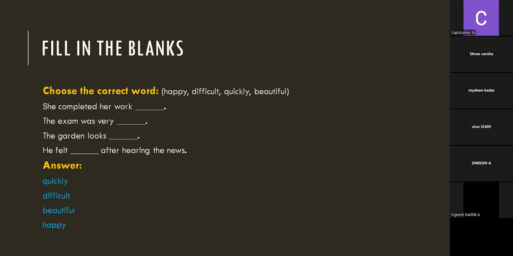The exam was very dash. Difficult. The garden looks dash. Beautiful. Fourth, he felt dash after hearing the news. Happy, exactly. It's amazing, guys.